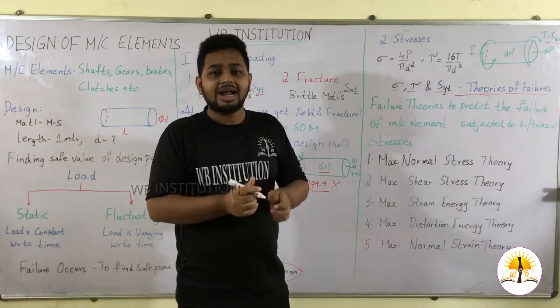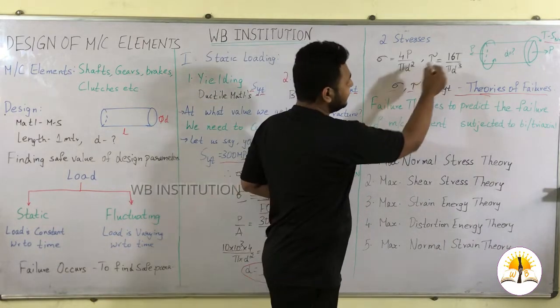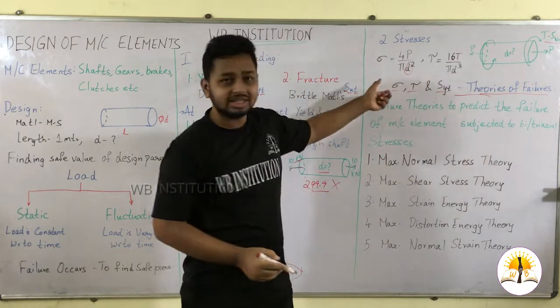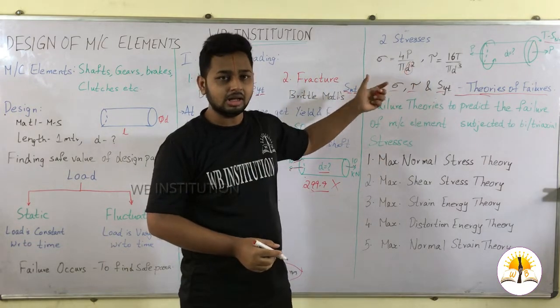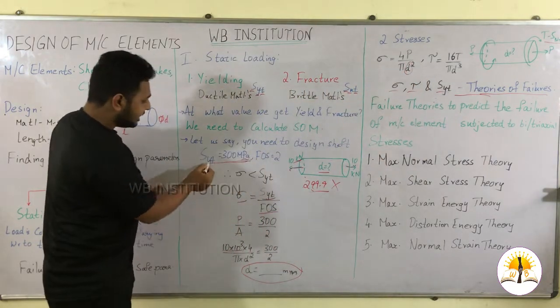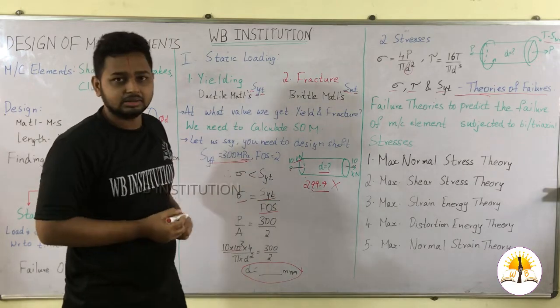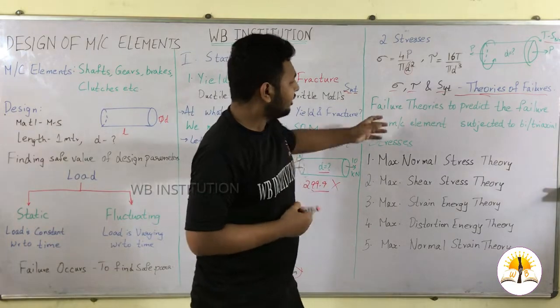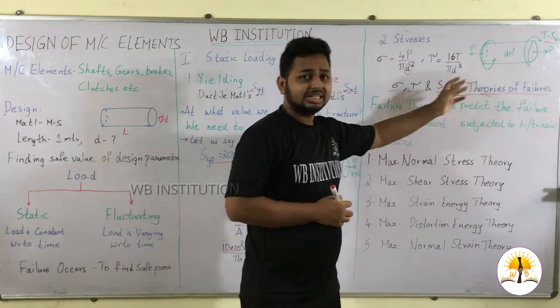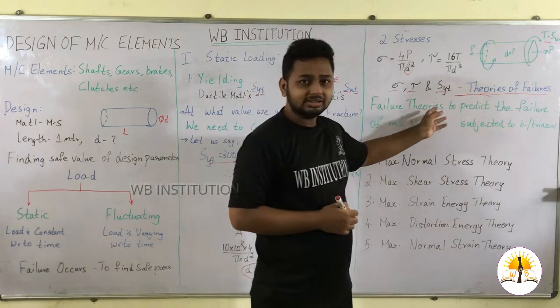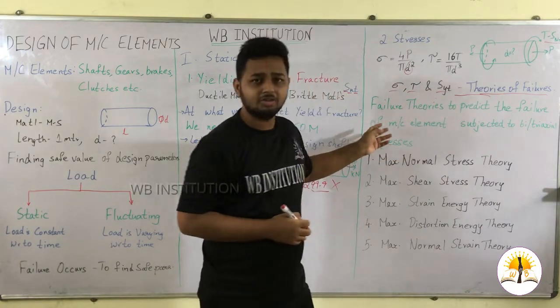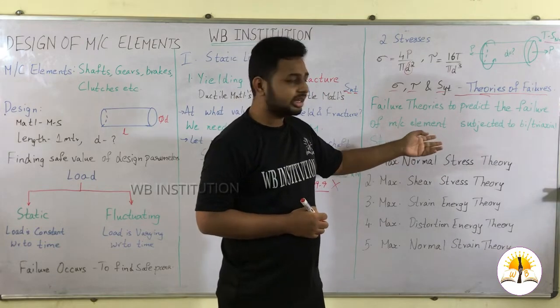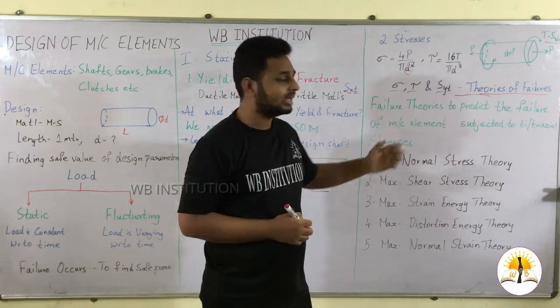Then only can we find the value of the diameter in this case, that will give the safest value, lesser than the yield strength. So what are theories of failure? They are nothing but failure theories to predict the failure of the machine element subjected to bi or triaxial loading.